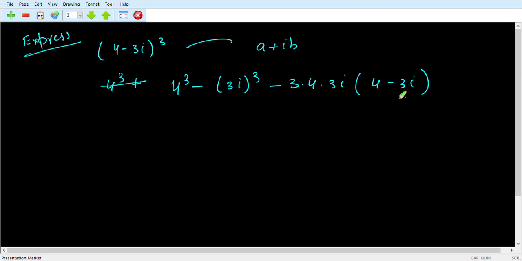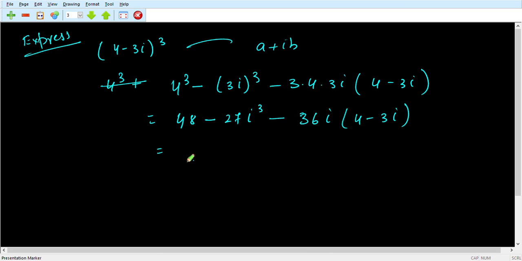So this will be 48 and this will be 27 iota to the power 3 minus 36 iota into (4 minus 3 iota).